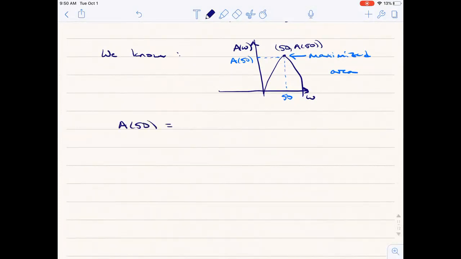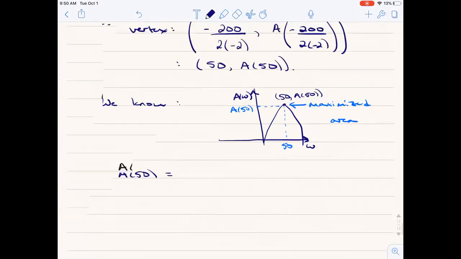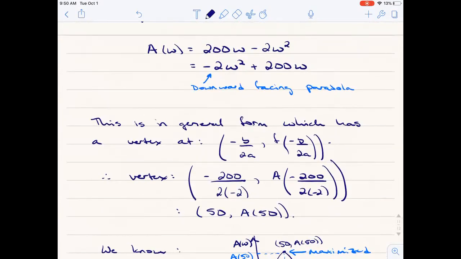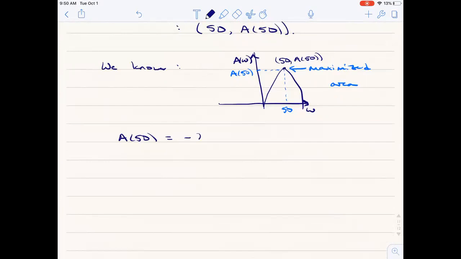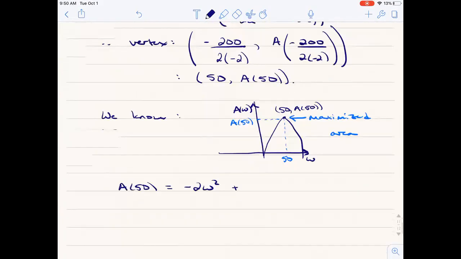A of 50 is, well, what did we say? A was negative 2W squared plus 200W.